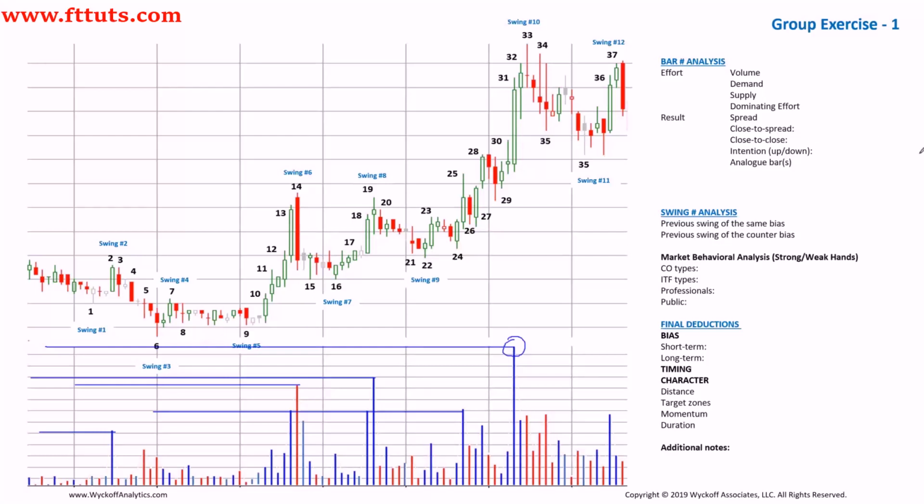Again, this is probably the theme of today's class, and I want to see this in your notes. How does this bar number 31 look to you? Doesn't it look so bullish? Big spread, new high, uptrend, conventional T, volume increase in the direction of the bias confirms that bias, and yet look what happens next.